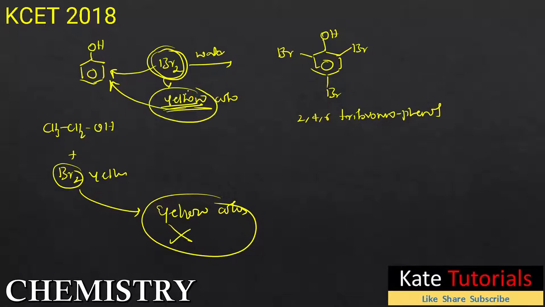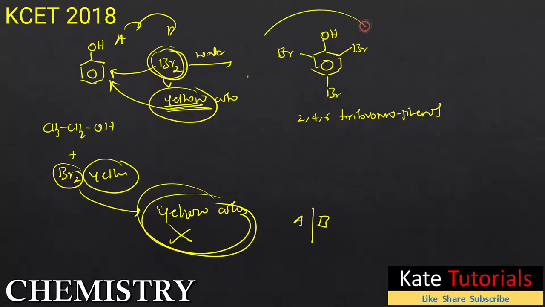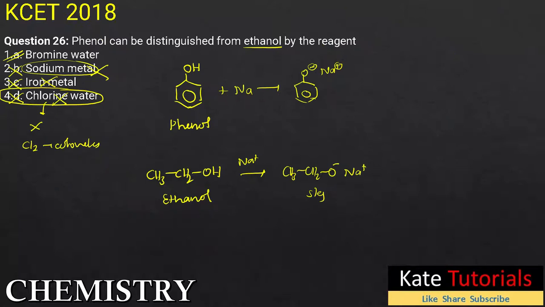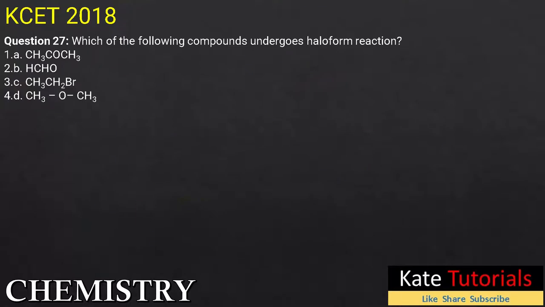Here, initially it is yellow and after reacting also it remains yellow, which means it doesn't react. So A and B both have reacted in case of phenol and we have got a different product, 2,4,6-tribromophenol. So the correct option is bromine water. With bromine water we can easily distinguish both phenol and ethanol, right?